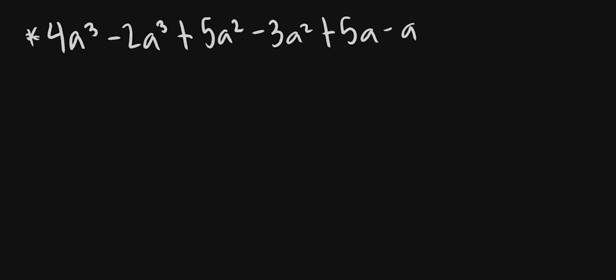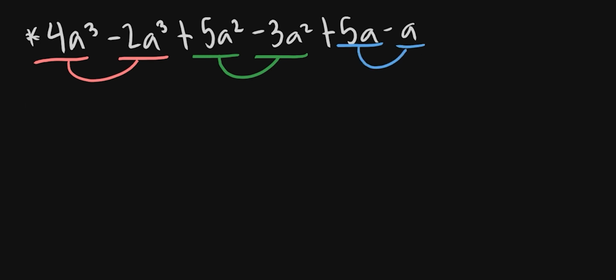First, let's figure out what the similar terms are. 4a cubed and negative 2a cubed are both similar terms, so we should combine these two. 5a squared and negative 3a squared are both similar terms, therefore we could combine these two. And lastly, 5a and negative a are similar terms, therefore we could also combine these two.